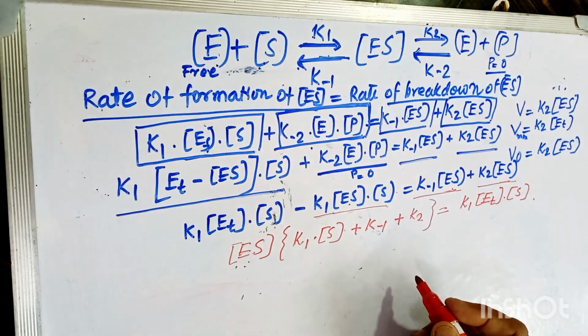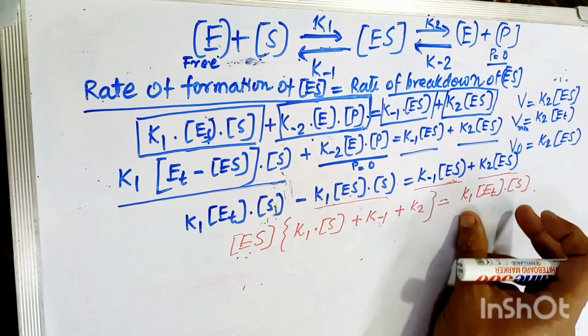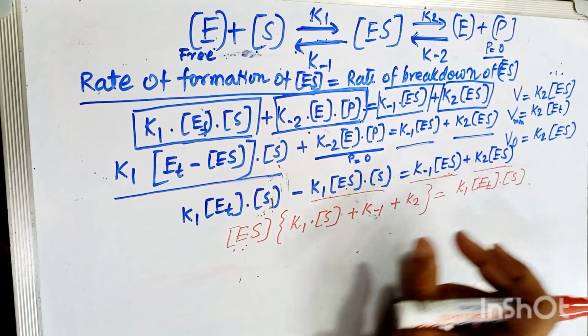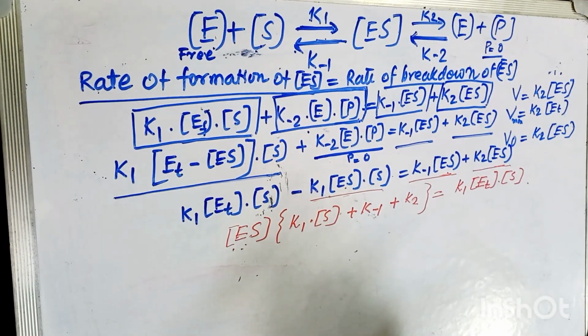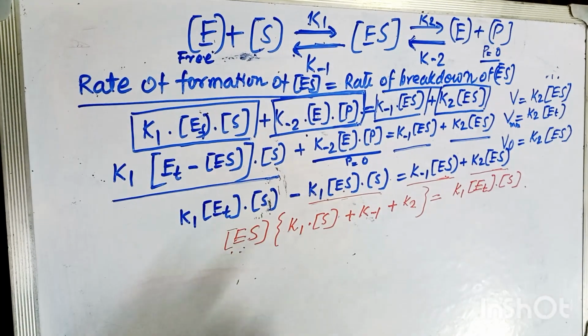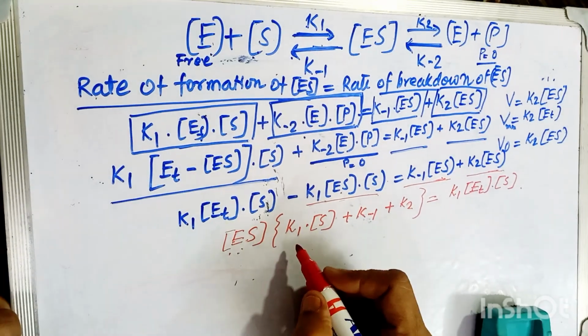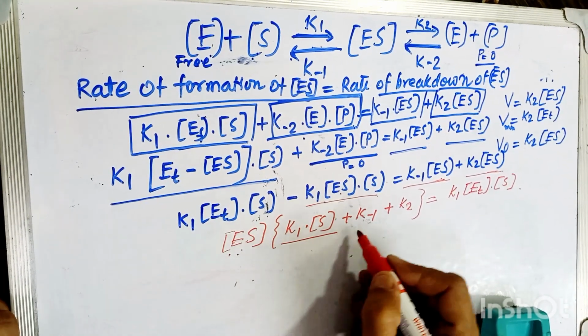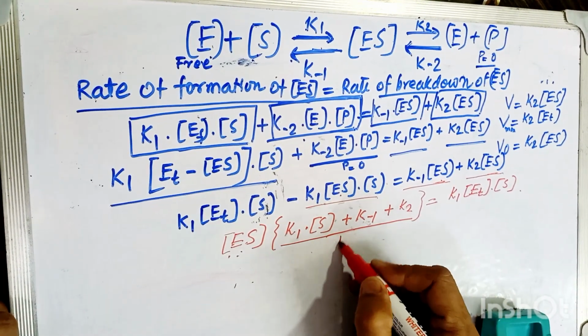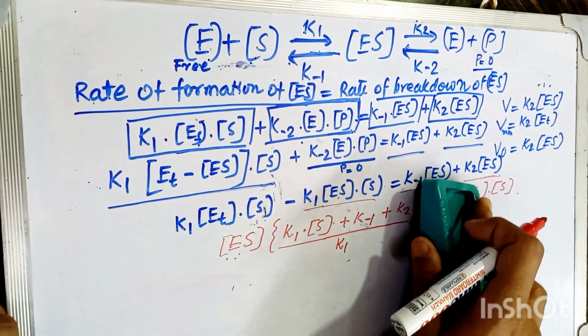Now what I do is I put this K1 here. I rub out K1 from here, I rub out K1 from here.